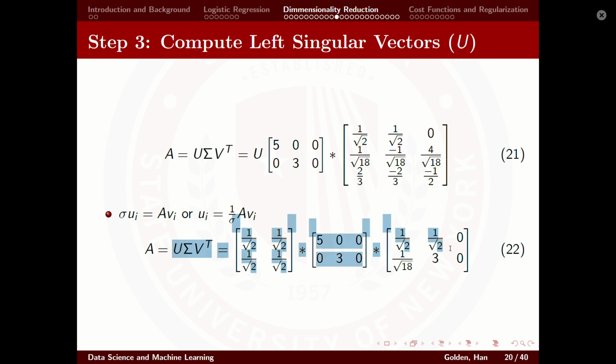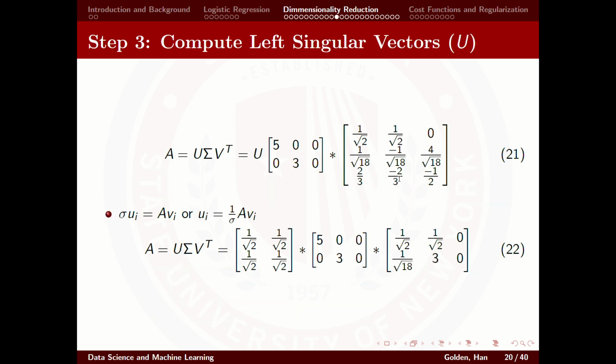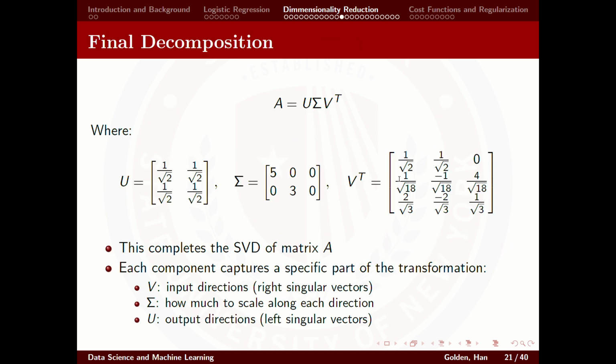So that leaves us with this set of matrices, this singular value decomposition. And so we have our final decomposition where we have our U, we have our sigma, and we have our V. Notice that they don't necessarily have to be of the same dimensions. In fact, they often are not with quite non-square matrices.